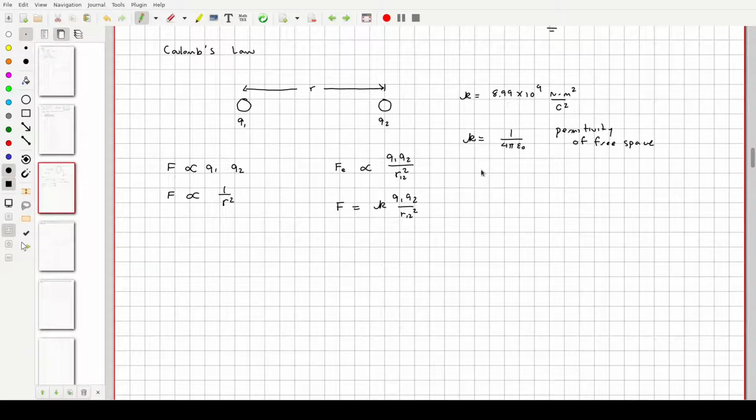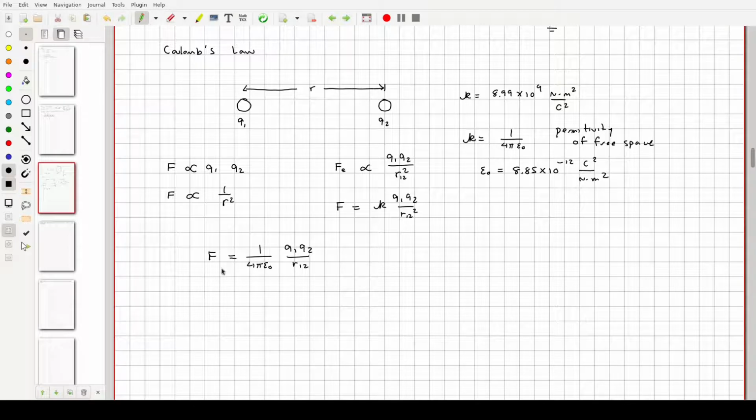So epsilon naught has a value of 8.85 times 10 to the minus 12th Coulomb squared per Newton meter squared. So the way we're going to use Coulomb's law is using the 1 over 4 pi epsilon naught, but just be aware that kappa is just as valid here. Q1 Q2 over R12, this is the magnitude of it.